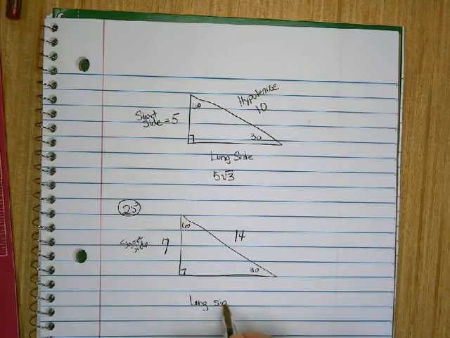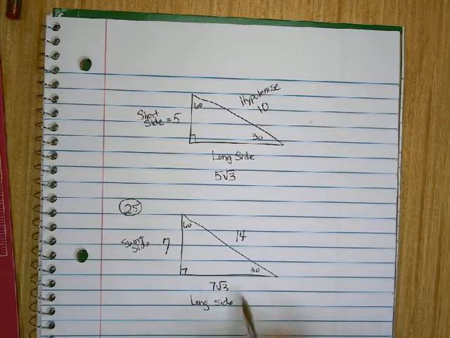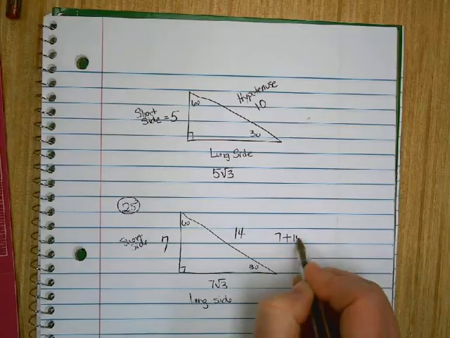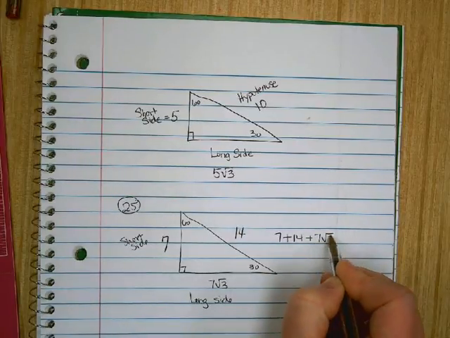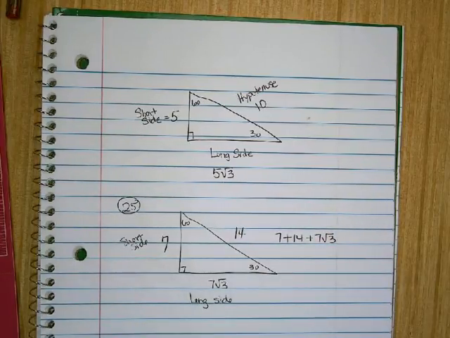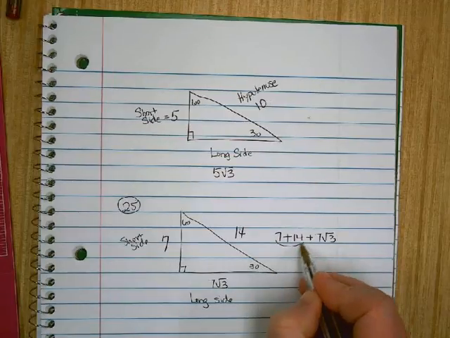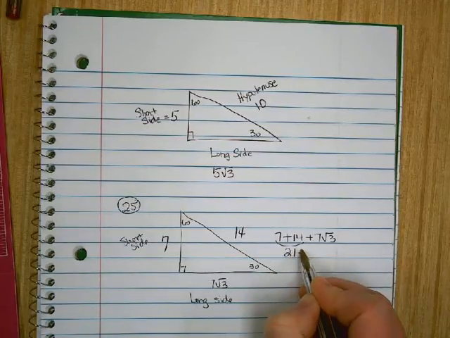And how do you find the perimeter? 7 plus 14 plus 7 square roots of 3. The square root of 3 acts as a variable here. You could add things that had the very same radical part, but if they do not have the same radical parts, you can't add them together. So the only things we can combine here are the 7 and the 14. That gives me 21 plus 7 square roots of 3.